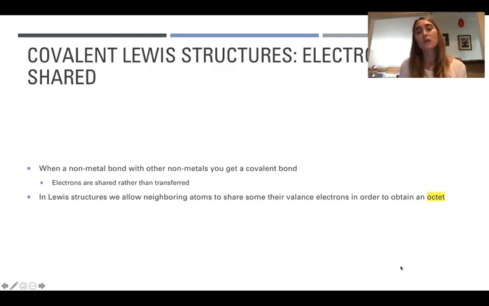The difference between a covalent bond and an ionic bond is that in an ionic bond, there was a transferring of electrons. In a covalent bond, you're going to get shared electrons. The 2 elements come together and share those electrons in order to obtain an octet, to get the most stable compound that you can.